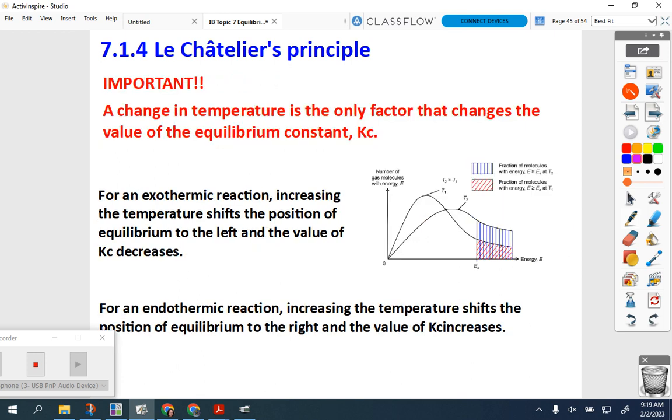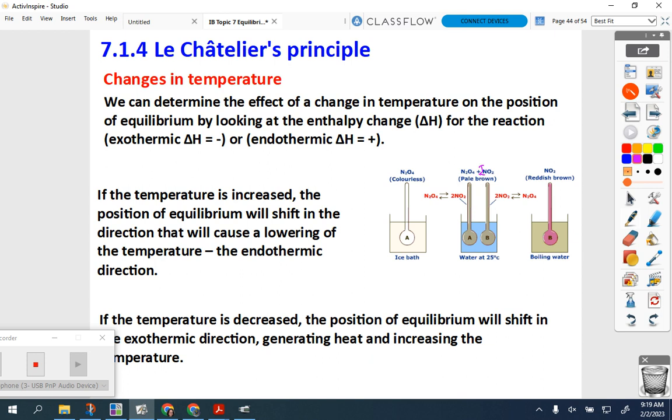Yeah, sorry. Oh, great question. So if I've got N2O4 going to NO2, if I chill it, I drive it towards N2O4.